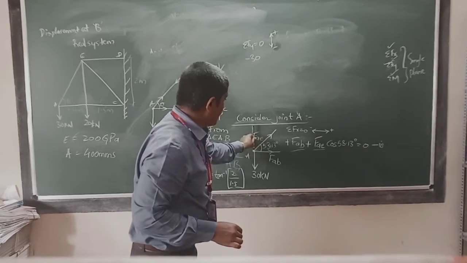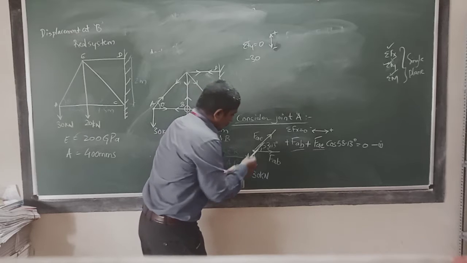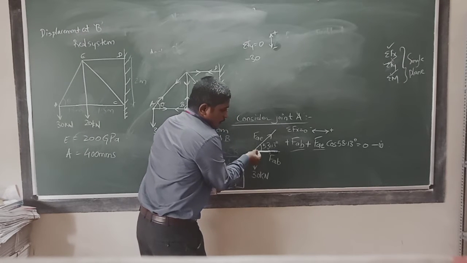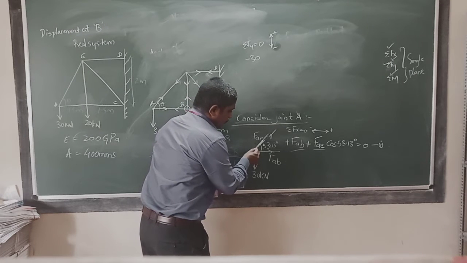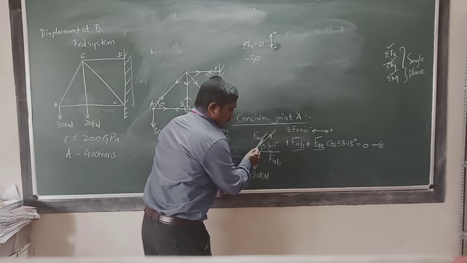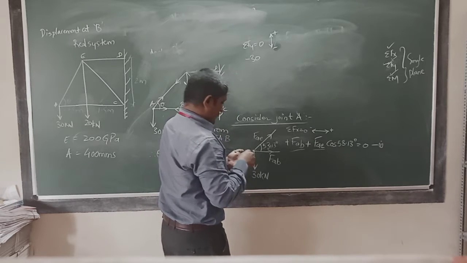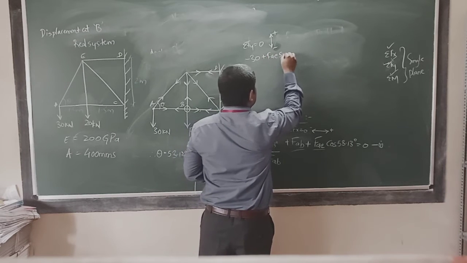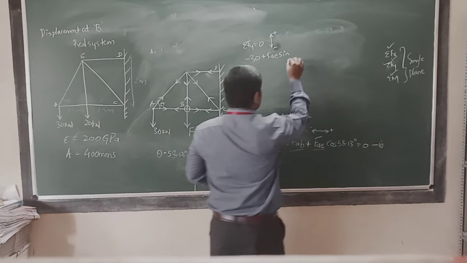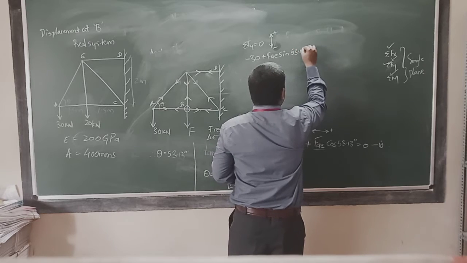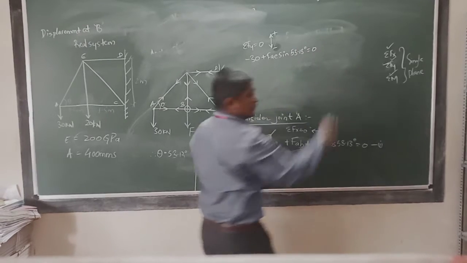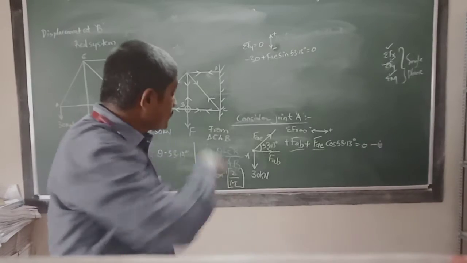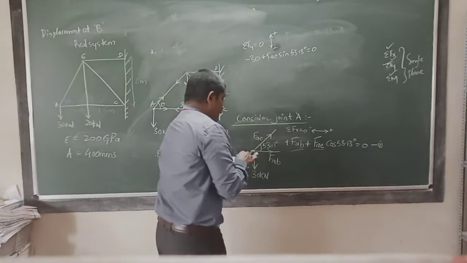FAE, when you make it vertical, you can resolve it vertical. Once we have resolved it as a horizontal, now we have to resolve it as vertical. So it is going away from the theta. Okay, so it is sin theta. So it will be plus FAE sin 53.13 degree is equal to 0. Okay. Now from this equation, what you will get?